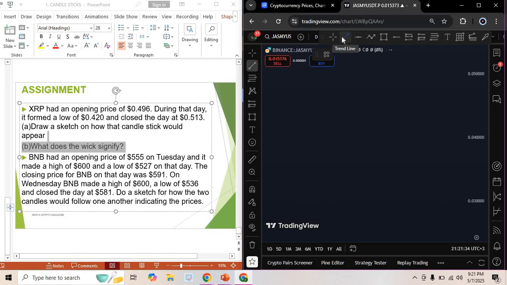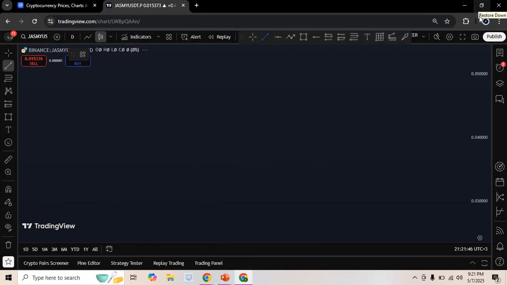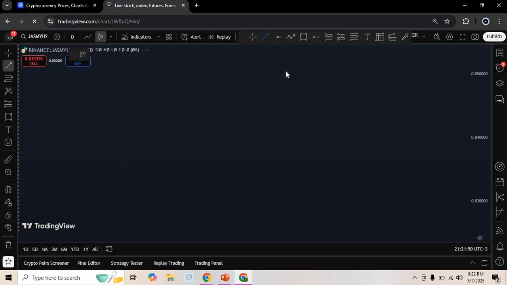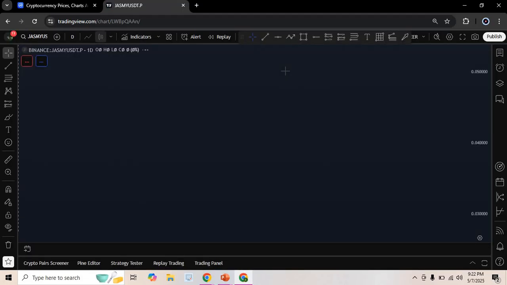If you can see anything on your screen, thumbs up. Okay, let me, what just happened? Hey, why is TradingView misbehaving?